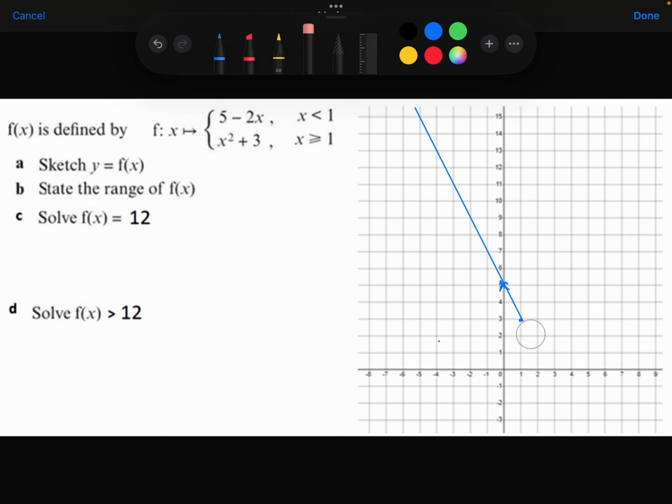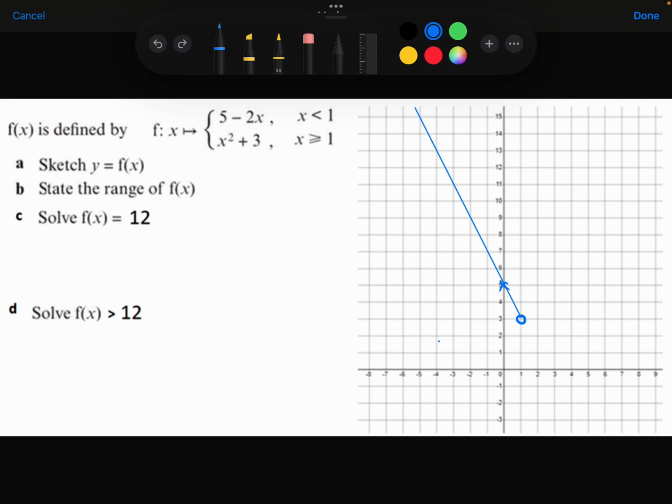And when I get to where x is equal to 1, to signify that the straight line won't be valid when x is 1, I'm going to draw a little hollow circle there, because my straight line is not valid for when x is equal to 1. It's valid for when x is less than 1, so all of this is absolutely fine. But equal to 1, no, and it's not valid over there for when x is greater than 1.